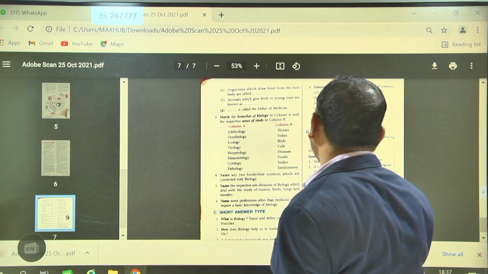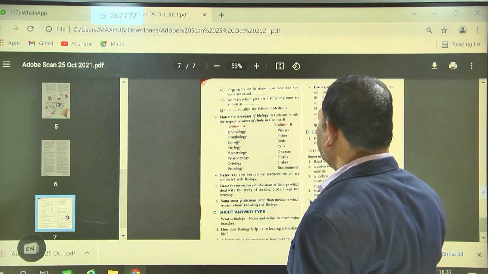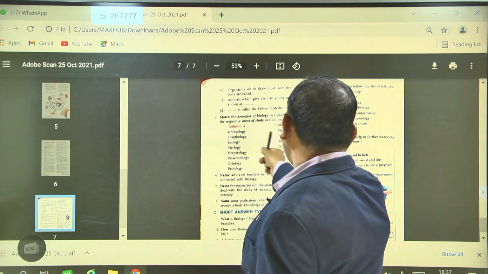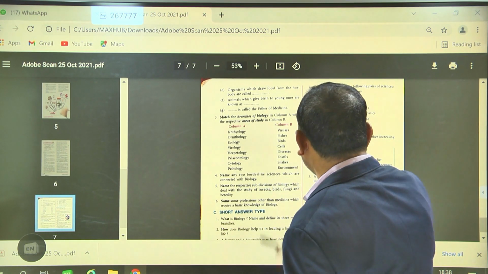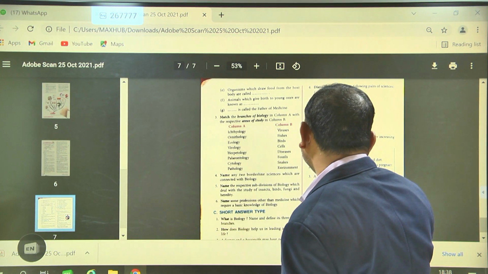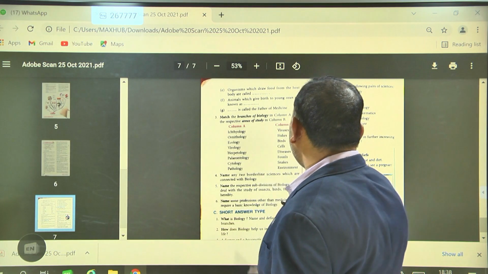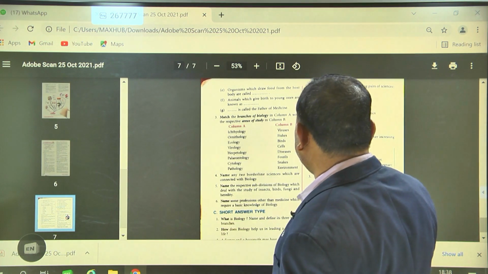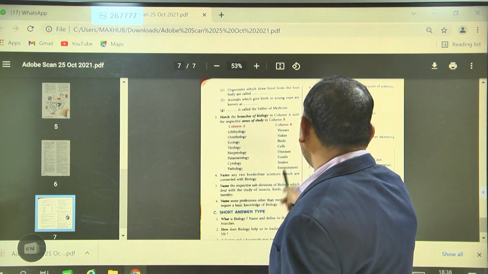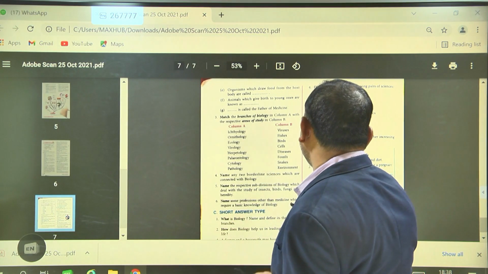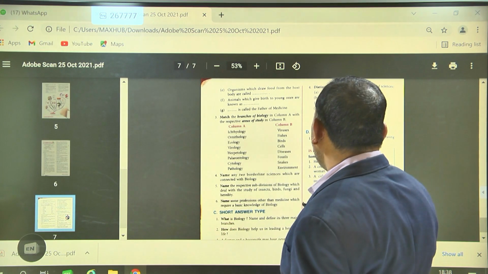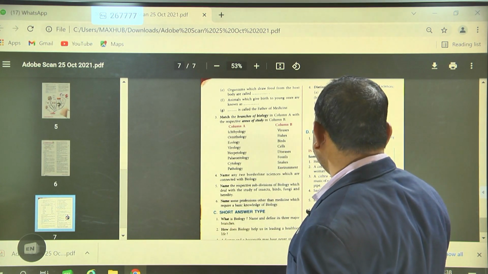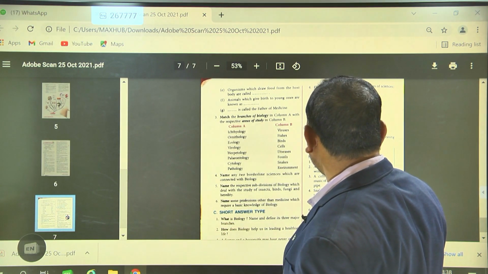Who is the father of medicine? Hippocrates. And here match: ichthyology, study of the fishes; ornithology, study of the birds; ecology, study of the environment; virology, study of the viruses; herpetology, study of the snakes; paleontology, study of the fossils; cytology, study of the cell; pathology, study of the diseases. Yes or no?